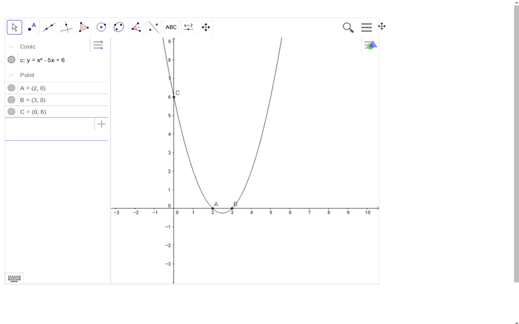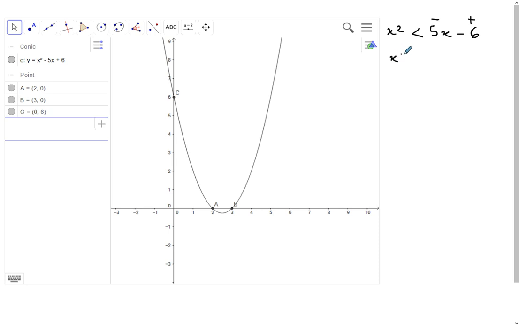Okay, if it's given to you in this form, x squared is less than 5x minus 6, then remember we want the whole expression on one side. So we're going to minus the 5x and add the 6, so we're doing the opposite.